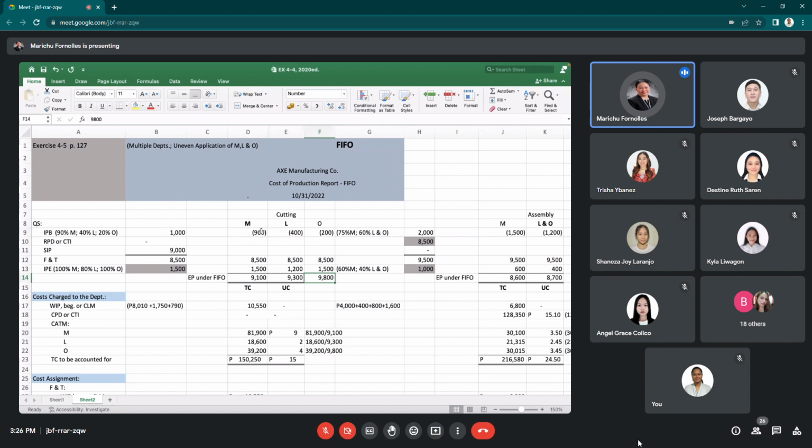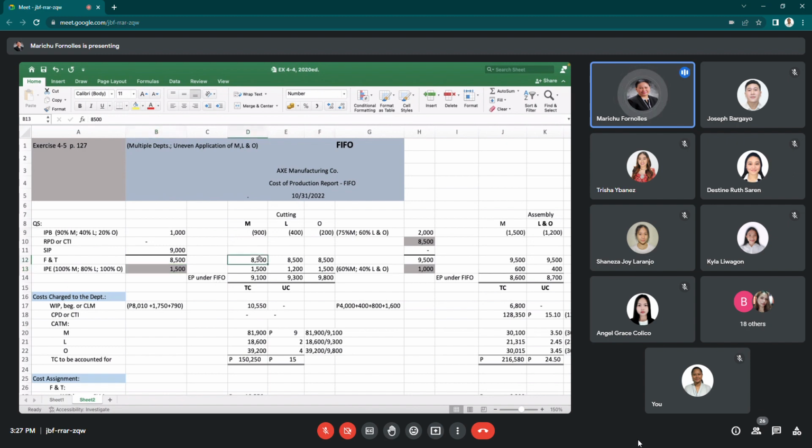Had you not deducted your EP in IPB, then what will appear here is the EP under weighted average. So under the weighted average method, the EP is calculated based on the rule that all finished units will be multiplied by 100%, while the unfinished units will be multiplied by the given percentage applied to the cost element times the number of units still in process at the end of the month.